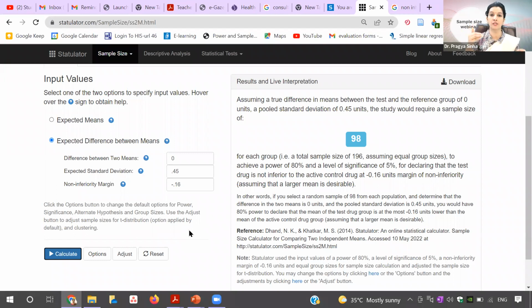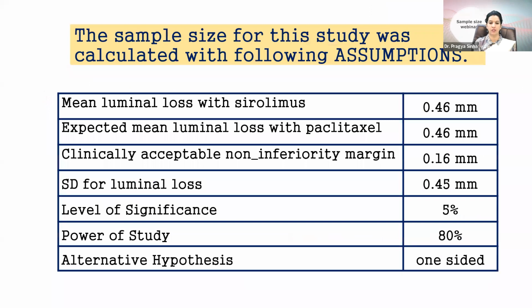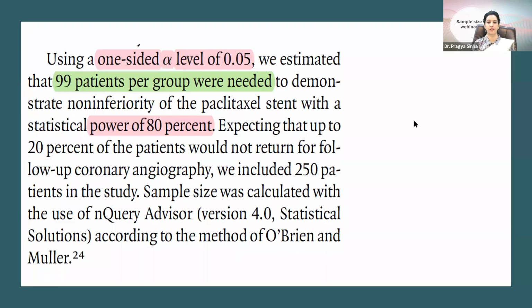So if the outcome is positive, you set this margin as negative. And if the outcome is negative, you set this margin as positive. And then you calculate it. So this is 98. In this case, if you go and see the sample size, the author has estimated 99 patients per group. So it was almost the same number which we tested.